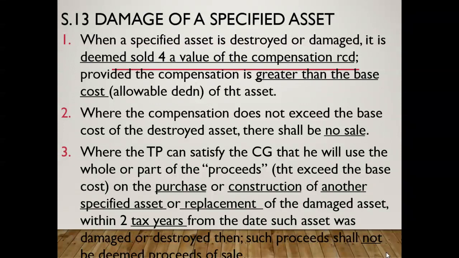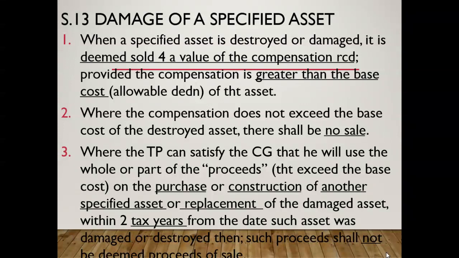Where the taxpayer can satisfy the Commissioner General that he will use the whole or part of the proceeds that exceed the base cost on the purchase or construction of another specified asset or replacement of the damaged asset within 2 tax years from the date such asset was damaged or destroyed, then such proceeds shall not be deemed proceeds of sale.